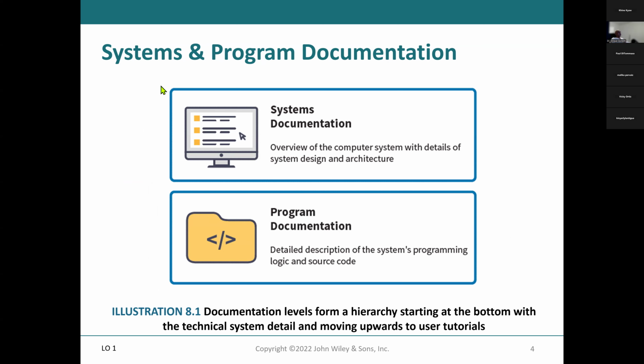So within this category of documentation, we have something which is called systems and program documentation. System documentation would be an overview of the computer system with details of system design and architecture. System is much broader in scope, whereas program documentation is a detailed description of the system's programming, logic, and source code.